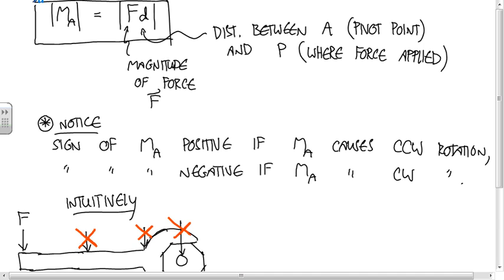But so far, there's sort of a big gap in that definition of the moment because, like I said, there's infinitely many directions the force can go. How many times are you going to get lucky enough to have it be exactly perpendicular to that line?